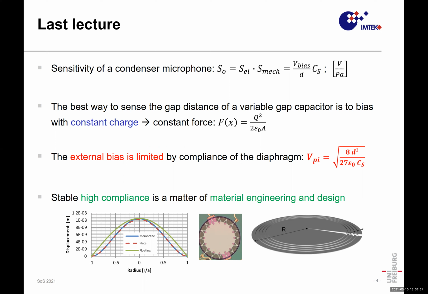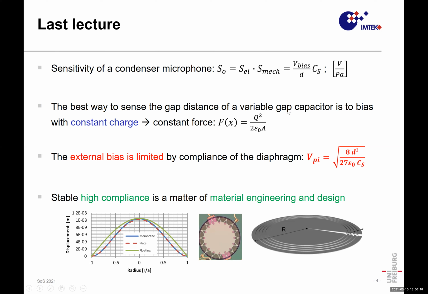So the external bias on the other hand is limited by the so-called pull-in voltage. So if we have a voltage on our system and it is going higher than this pull-in voltage, then the system could collapse. The force of the electrostatic field is then stronger than the restoring spring force of the diaphragm.